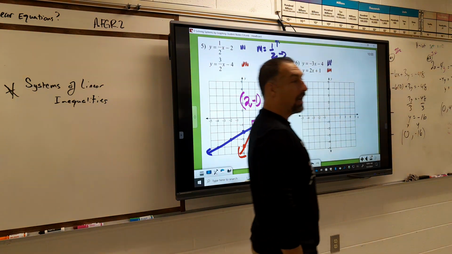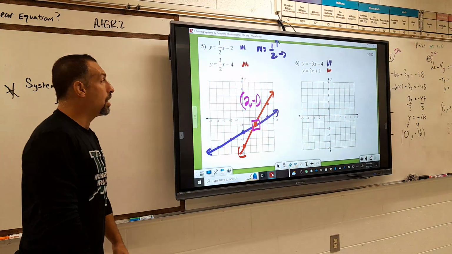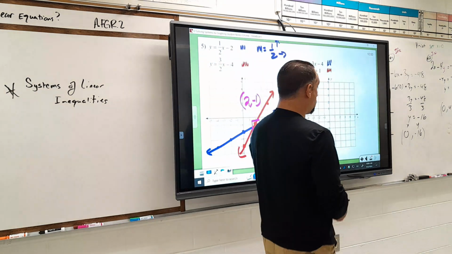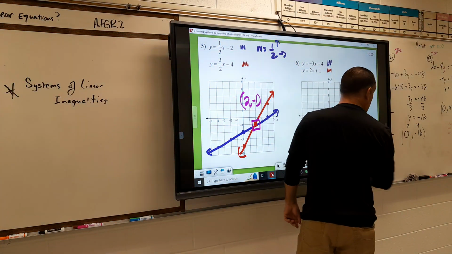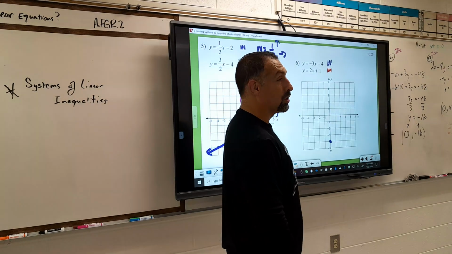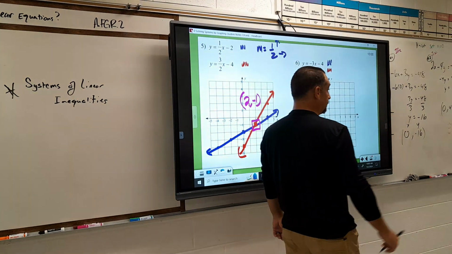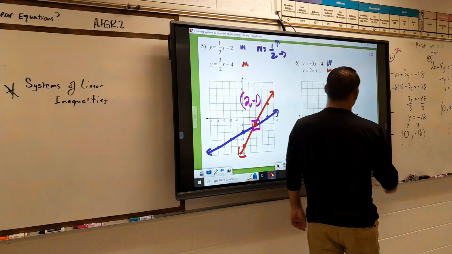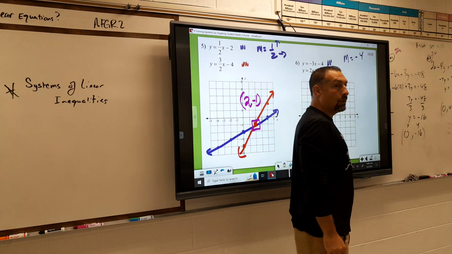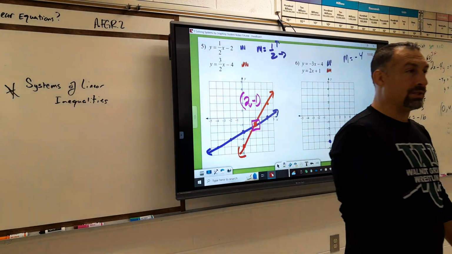Where do I start, Kai? On the blue one. Where do we start? Number 6, blue. You start at 0 and you go down. Correct. That's our y-intercept. What is our slope value? The slope is -4. Can we use that as it is?